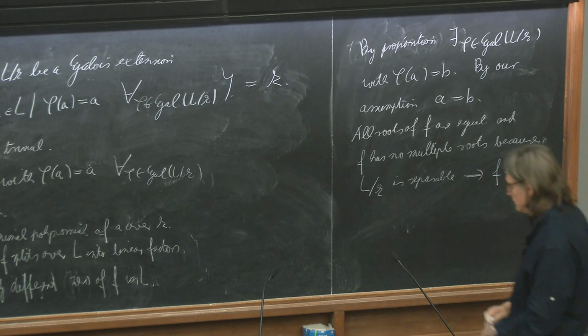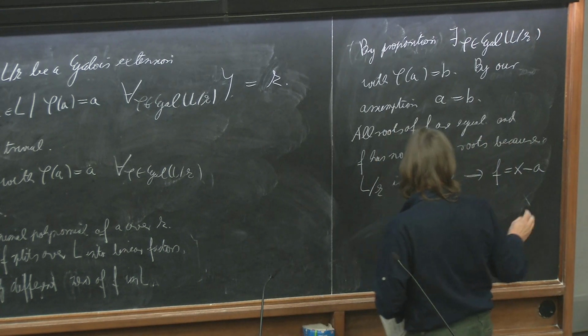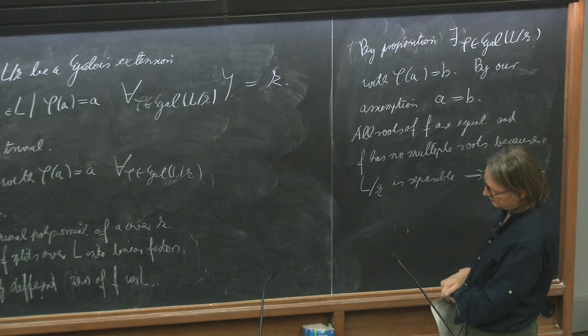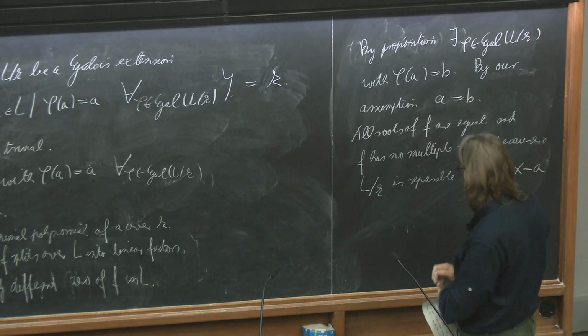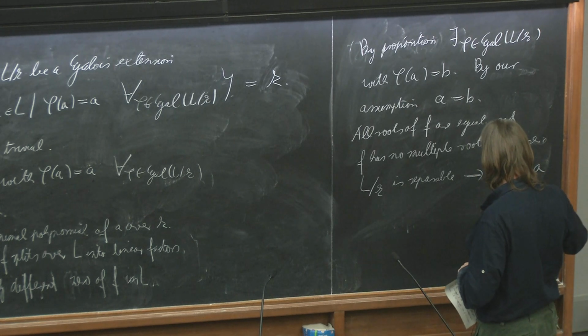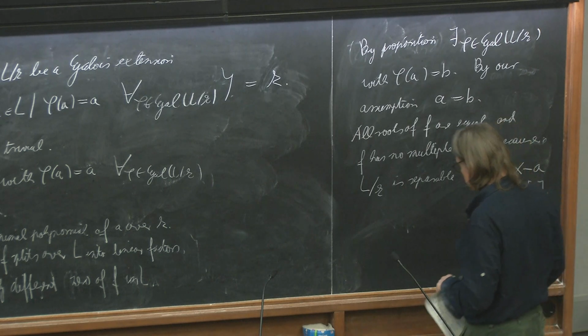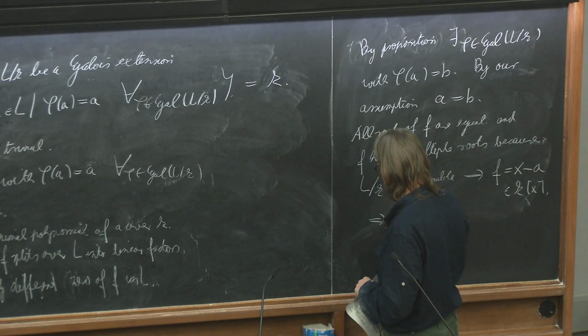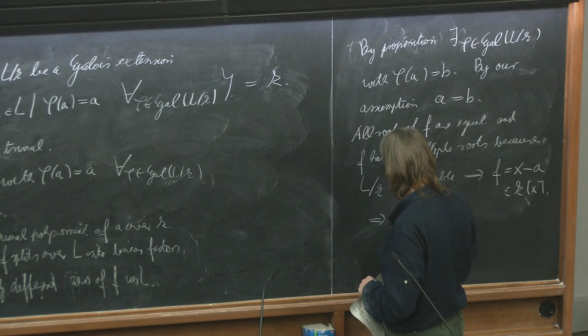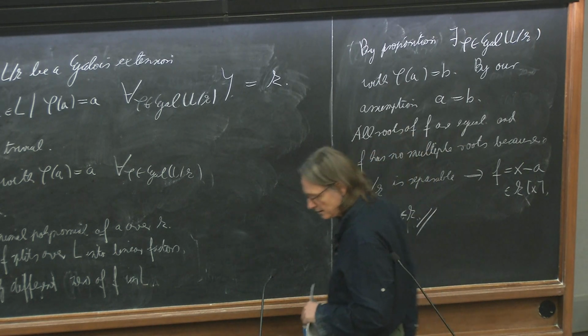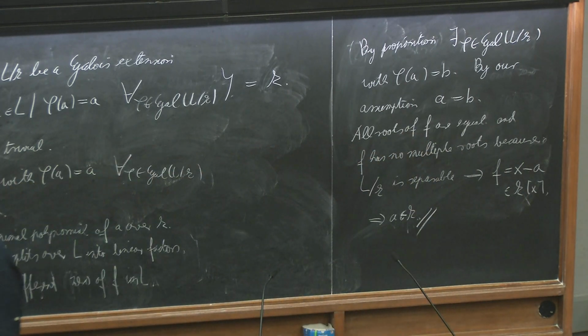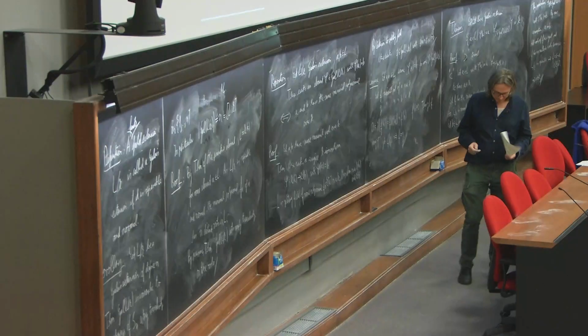And f is the minimal polynomial of a over K, so this is a polynomial with coefficients in K. That means a is in K. Okay, so you see how one can use this.